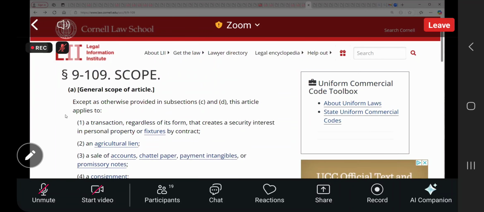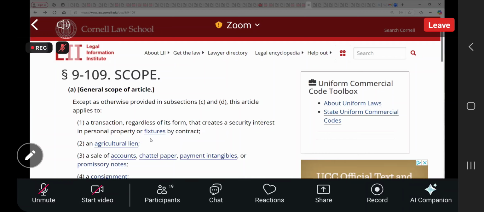This is the scope. General scope of article, except as otherwise provided in subsection C and D. This article applies to a transaction, regardless of its form, that creates a security interest in personal property, which is your mortgage, or fixtures by contract.